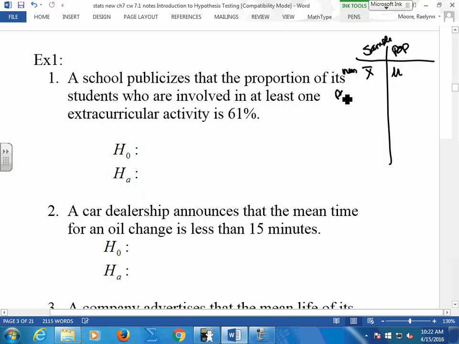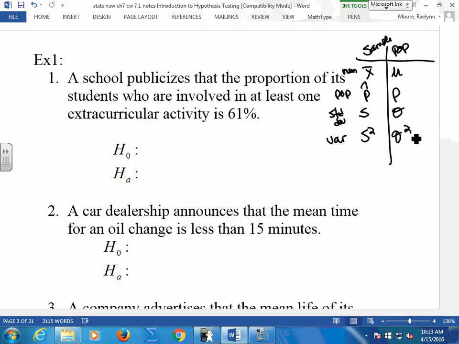Your proportion is P hat for sample, P for population. Your standard deviation is S for sample, little sigma for population. And your variance is S squared for sample and sigma squared for population. We have to use the right parameters in here.